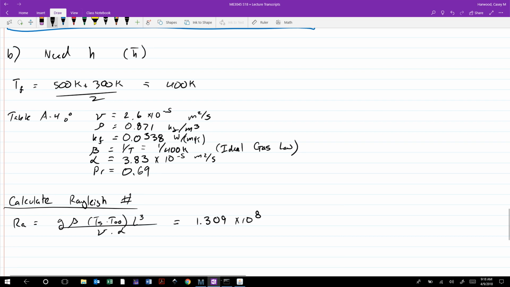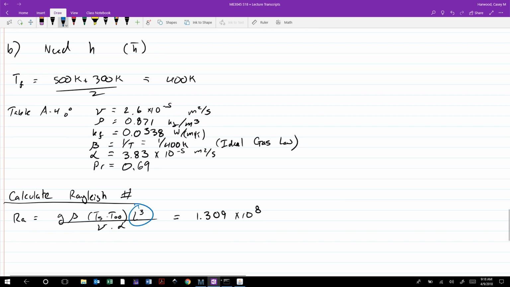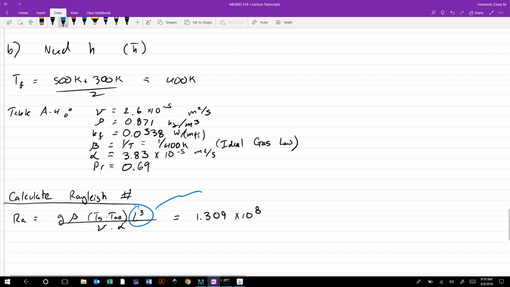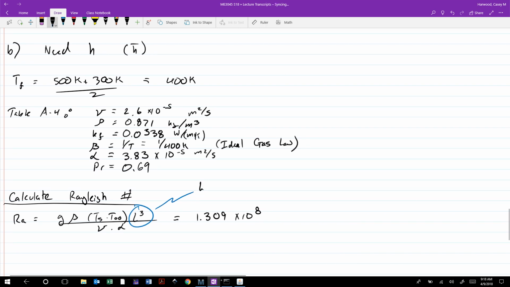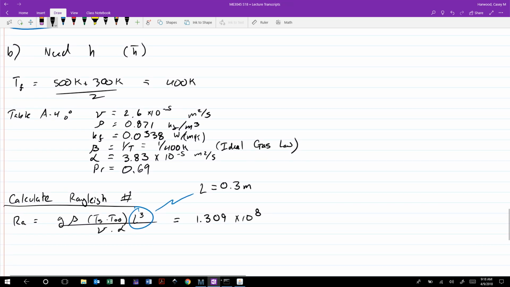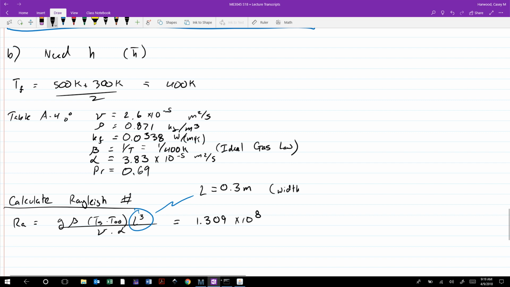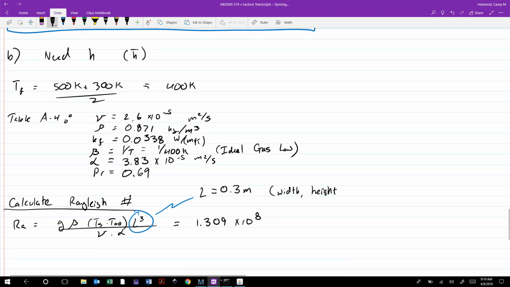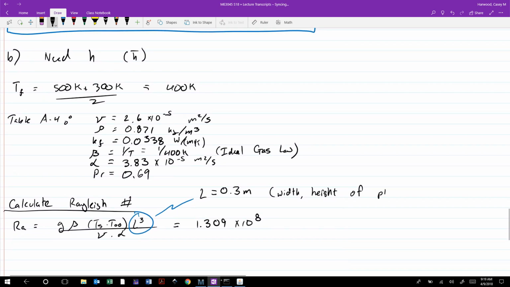I should mention here, in case you didn't pick up on that, L is equal to 0.3 meters, which is the width and height of the plate.